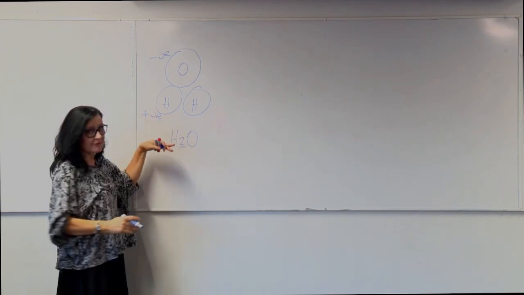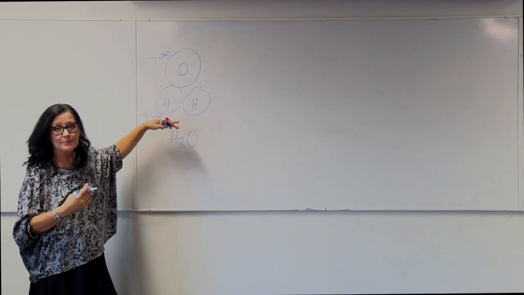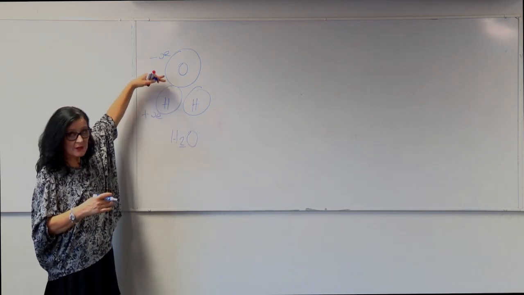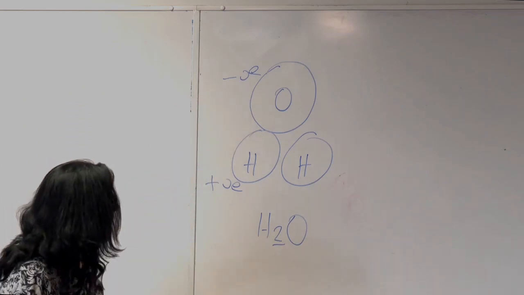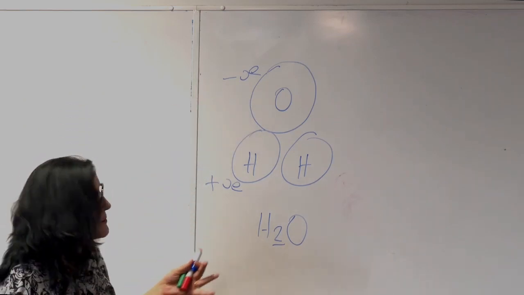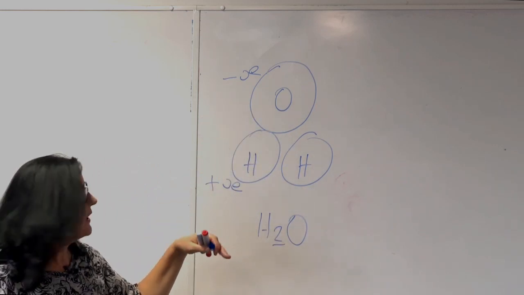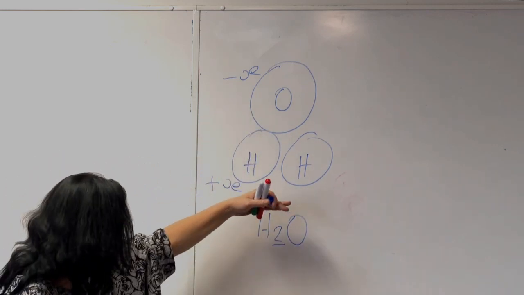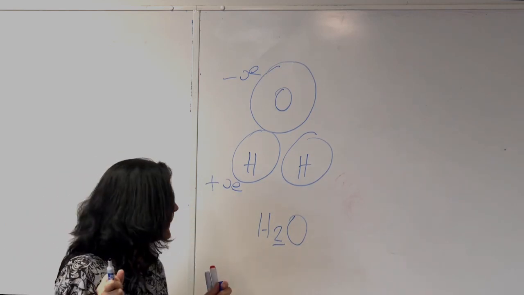So we have a polar molecule. This side of the molecule is positive compared to this side, which is negative. And that's what happens with surface tension, remember. So oxygen, which is negative, opposite charge is attracted to hydrogen, so all the little water molecules stick together.